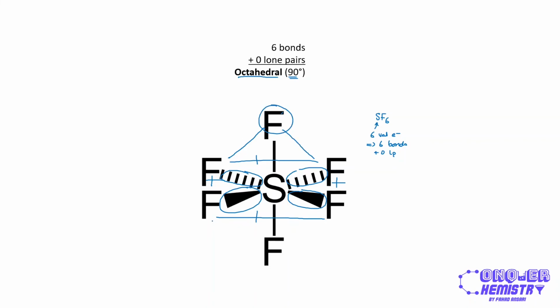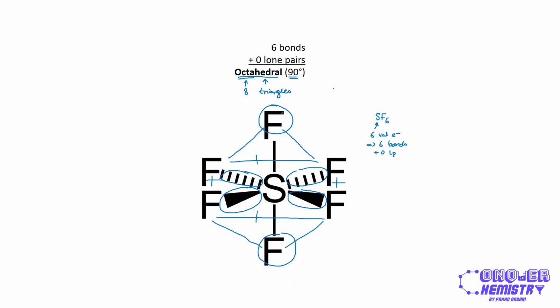And you're going to do the same for the bottom fluorine atom. So 4 triangles at the top and 4 at the bottom. So 4 plus 4 gives us octa, which is 8, and hedral, which is triangles, right? So 2 tetrahedrons sharing the same square base, it's going to be octahedral, right?